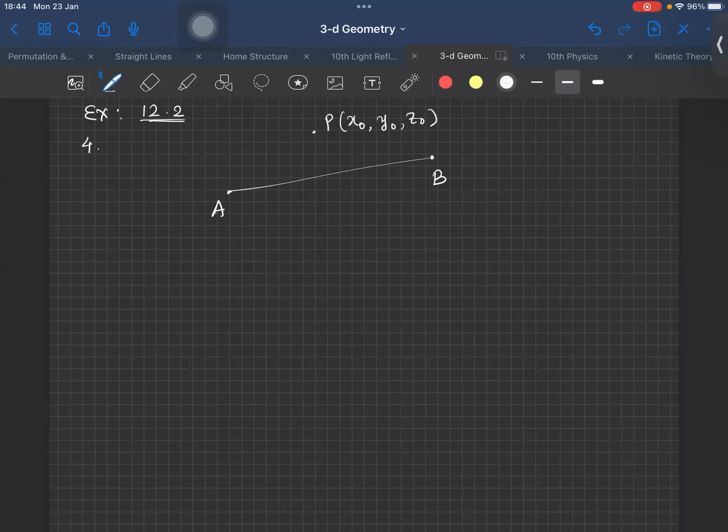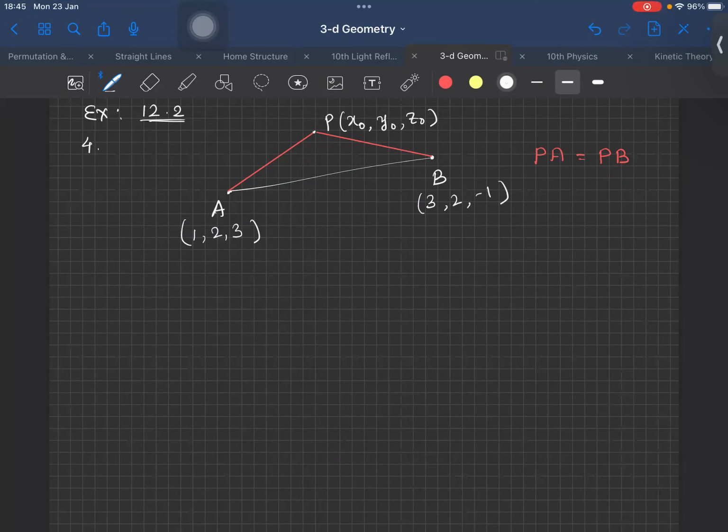If you join PA and PB, both will be equal. In the problem, it is given PA is equal to PB. We know how to find PA and PB, right? We will use the distance formula. The coordinate of point A is 1, 2, 3, and the coordinate of point B is 3, 2, minus 1.